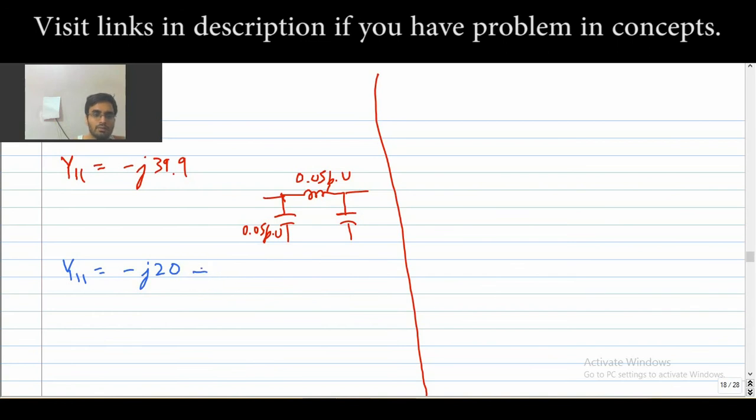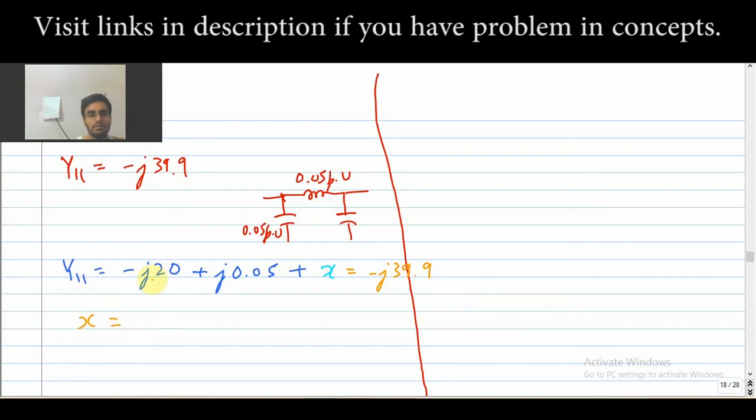So plus j0.05 and plus something, that will be equal to your given minus j39.9. Now we have to find this x.